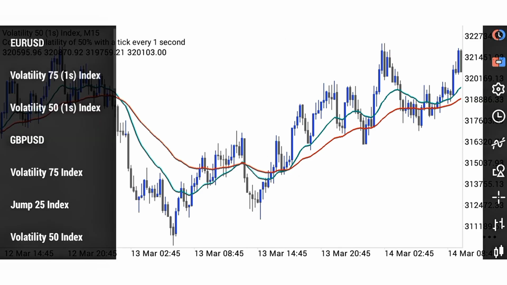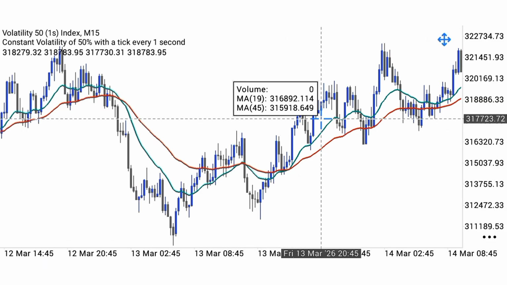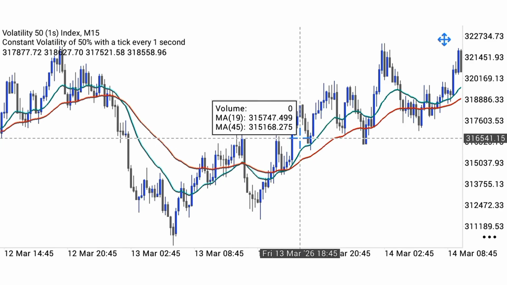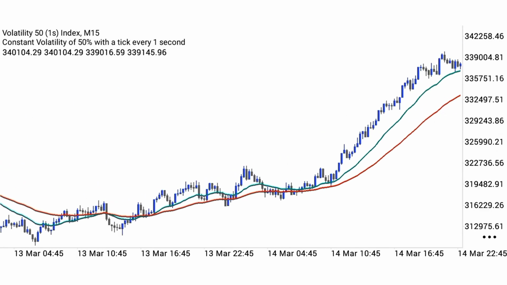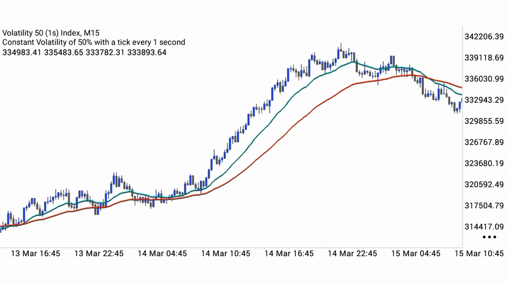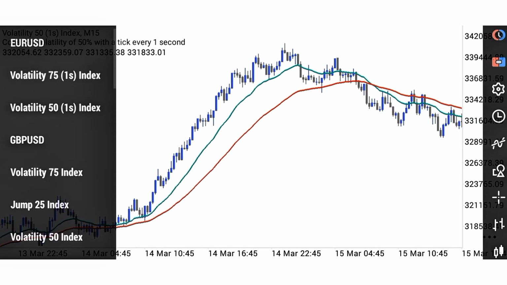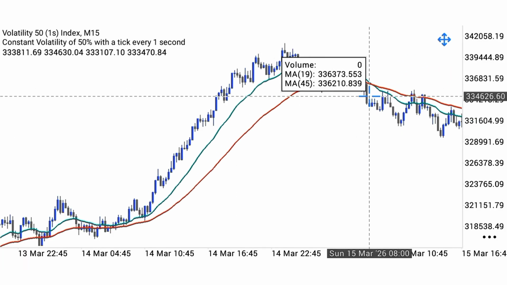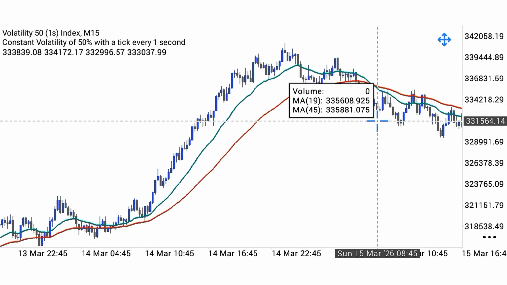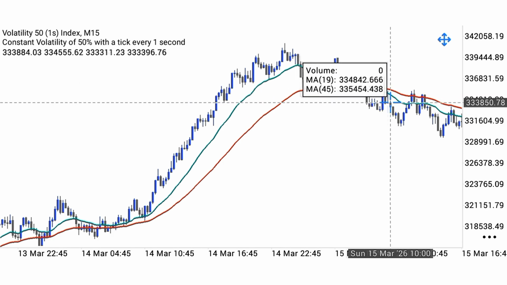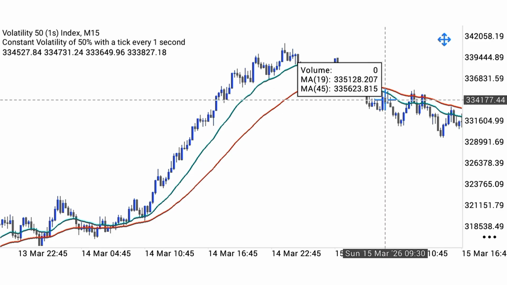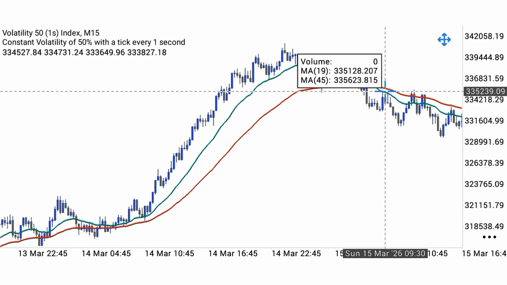So that's the first one, and because of that, we cannot find any other trade for this particular trend again. Wait for the candles, wait for the moving average to cross, and look, the moving average crossed here. And when the market came here, it gave a pin bar, but this pin bar is not bearish.